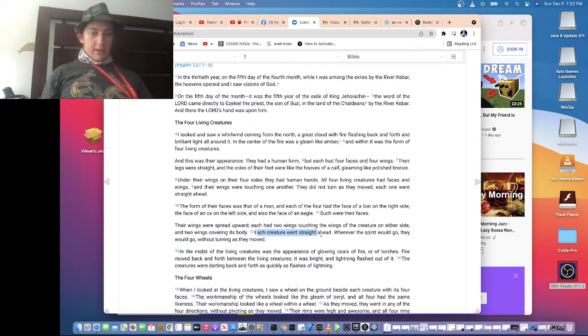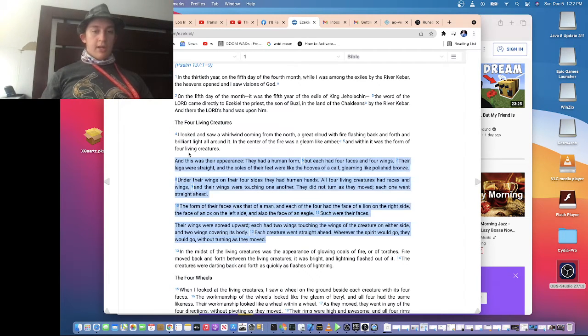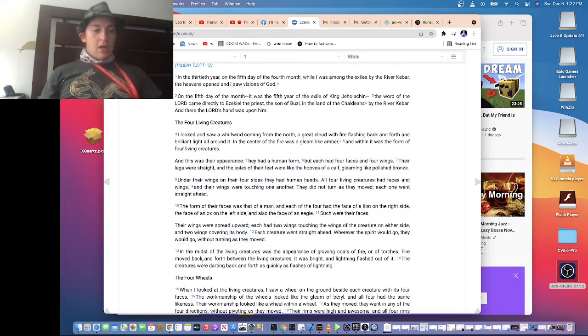So what does that mean? They did not rotate. The cars did not rotate. People rotate. Any other creature would rotate. But the cars did not turn as they moved. They did not rotate. So we already know this is talking about vehicles. We already know that. Okay?